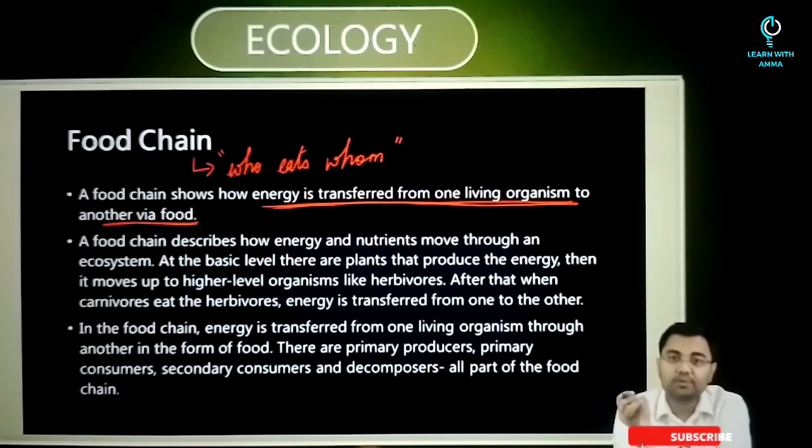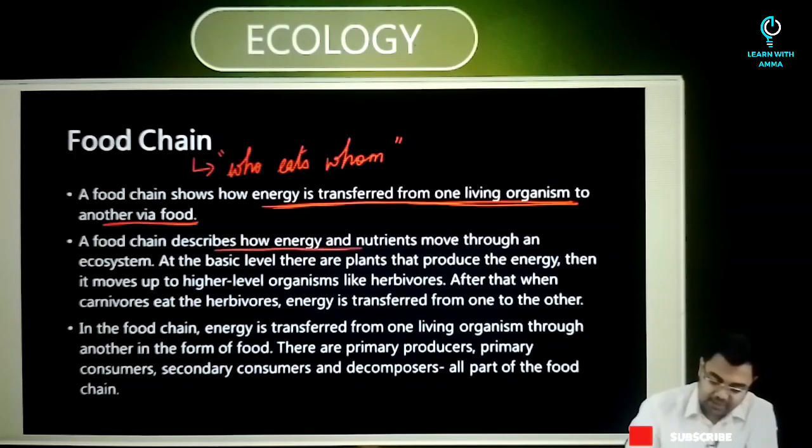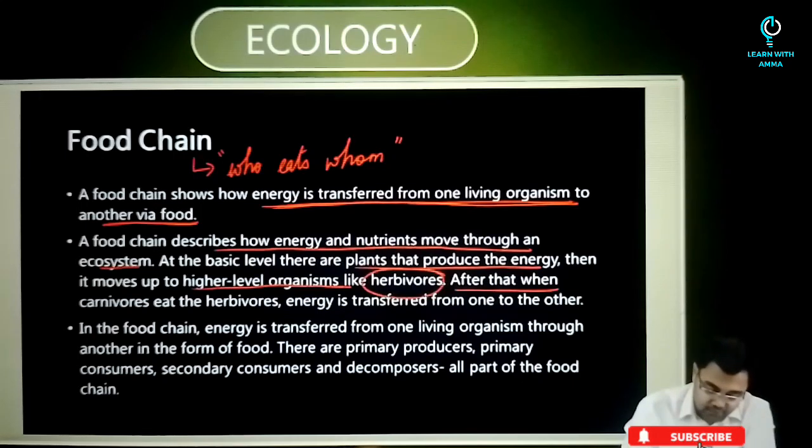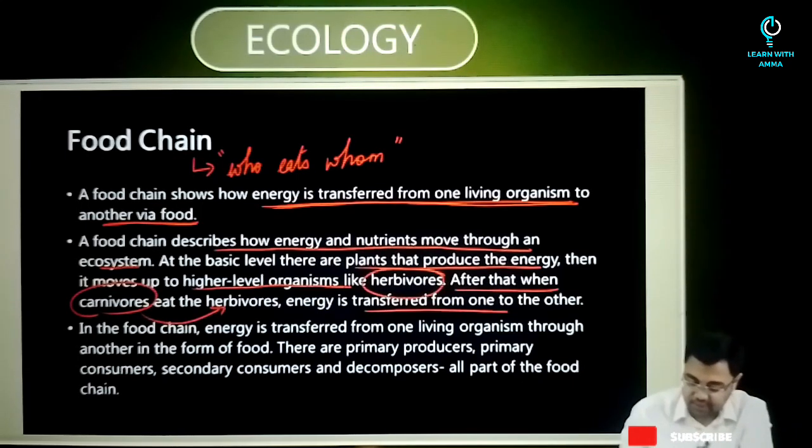If I talk about a food chain, what we can say is that a food chain describes how energy and nutrients move through an ecosystem. At the basic level, there are plants that produce the energy. Then it moves up to a higher level organism like herbivores. After that, when the carnivores eat the herbivores, energy is transferred from the herbivores to the carnivores.